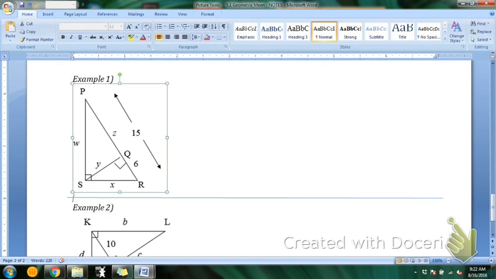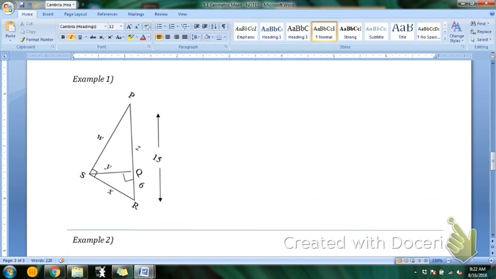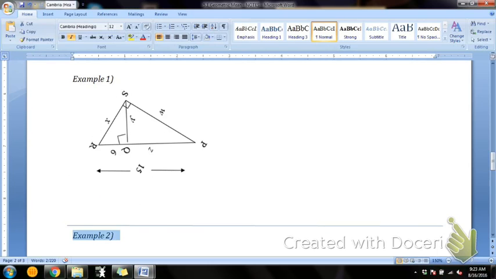So what I'm going to do, I want you to do this too on yours. Turn your paper upside down. Now I want you to label left seg, right seg.